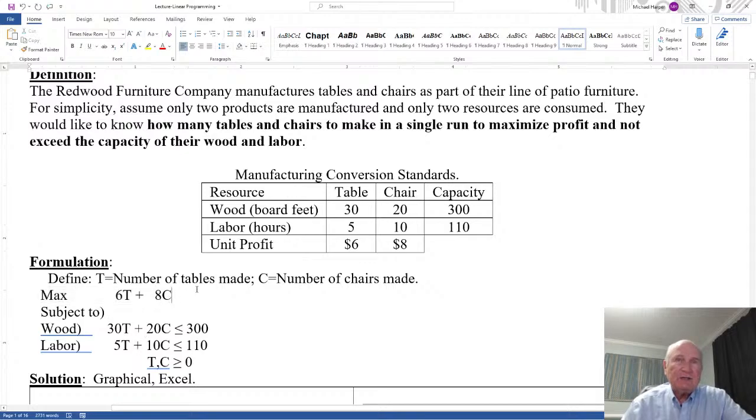This is referred to as the objective function. This is the objective function. This is what I want to optimize. In this case, we're maximizing. We could minimize. And we'll show you how to do that in Excel here before we leave tonight.